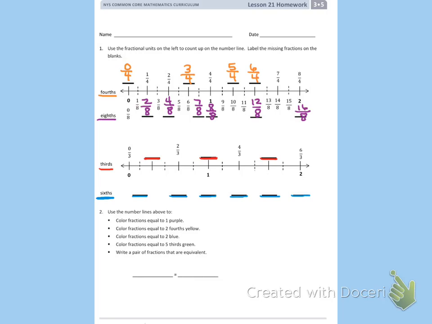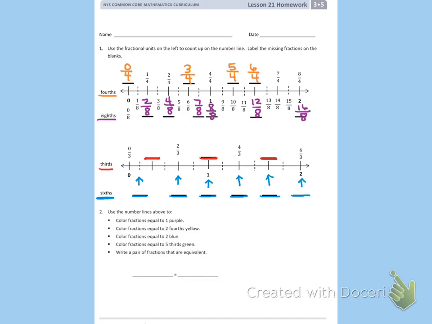Notice that the first line goes with this hash mark, and you're counting by sixths. The second line goes with this hash mark. The third line goes with this hash mark, which is the same as 1 whole. The next line goes with this one, and then this one, and then 2 wholes.